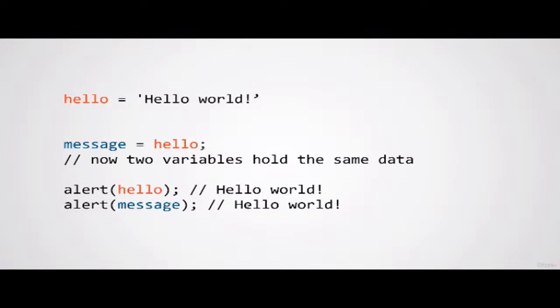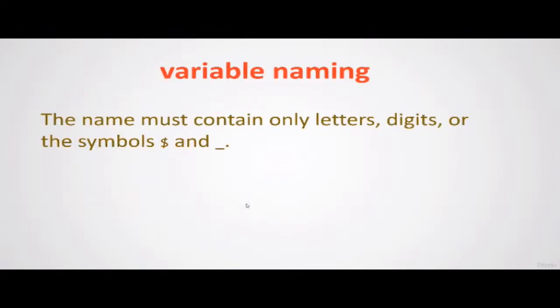Okay, so there are some rules you have to keep in mind while naming your variable. The first rule is that the name of the variable must contain only letters, digits, or symbols, that is the dollar symbol and the underscore.